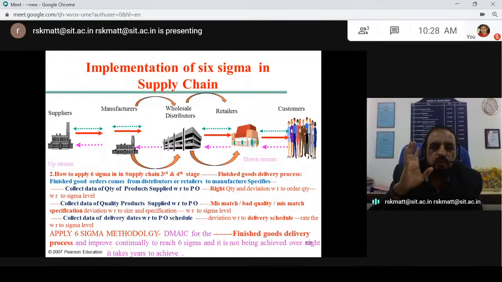The same way what we did in the first stage and second stage, the same philosophies, you need to identify the CTQs and consider where you need improvements. Collect the factors, apply DMAIC principles, and control it, and check your sigma level and try to improve day by day.